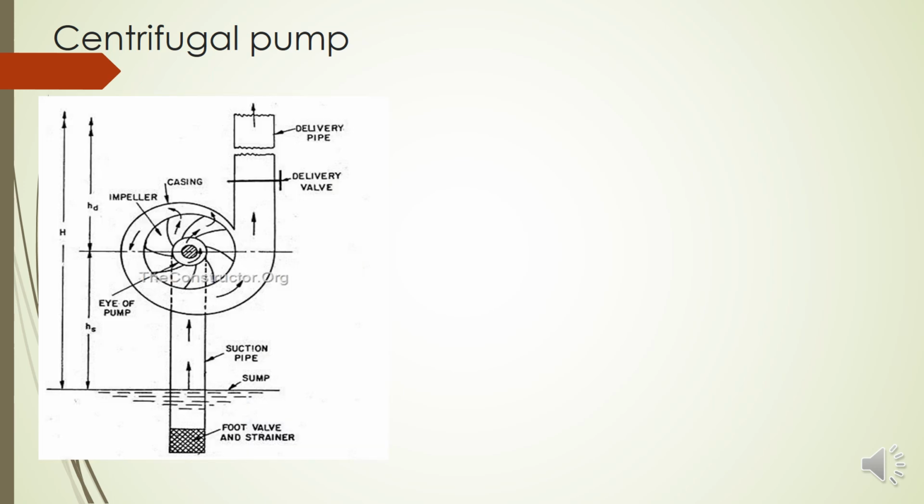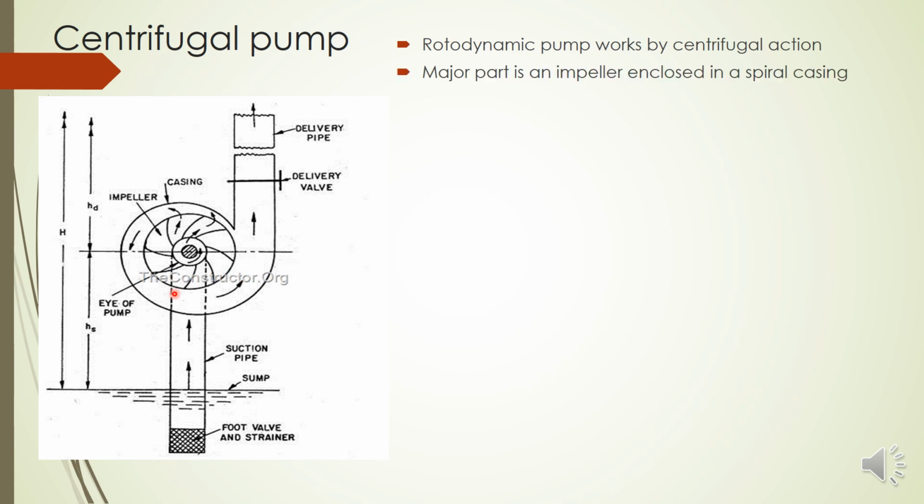Now identify the parts of the centrifugal pump. It is entirely different from the reciprocating pump. You can see here some parts are the same, like the suction pipe and delivery pipe, but the main part is entirely different. So what is the main part? Yes, it is an impeller enclosed in a spiral casing.